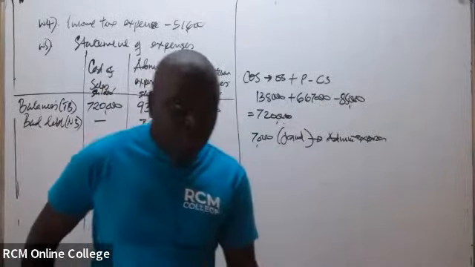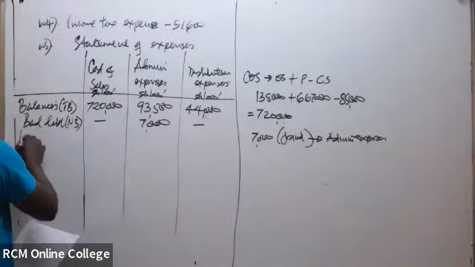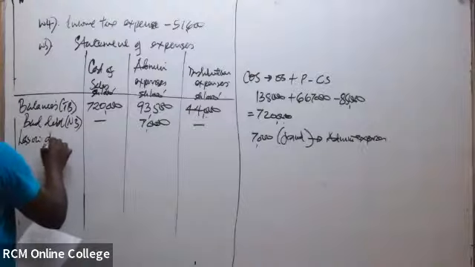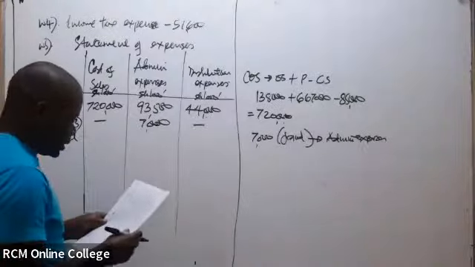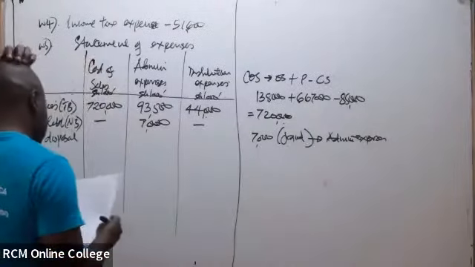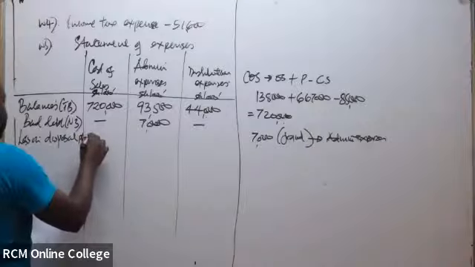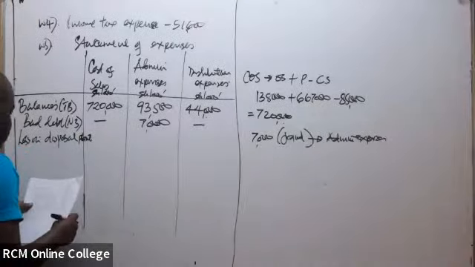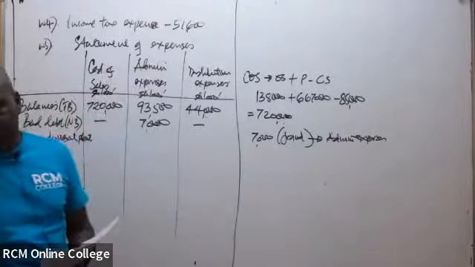Then there was a loss on disposal. Remember the loss on disposal, where I indicated that it will go to the cost of sales. Loss on disposal of plant.